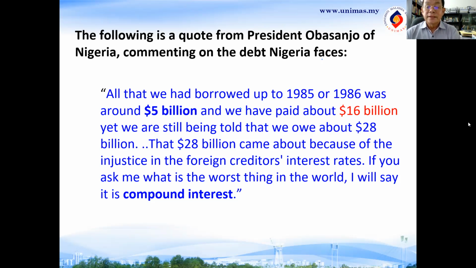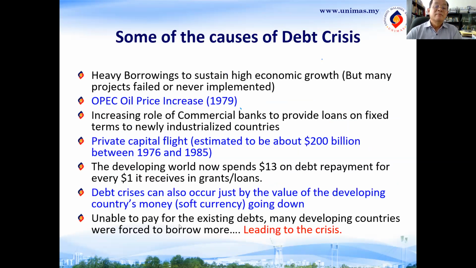So if you look at this, initially borrowed a total of 5 billion, and yet they have to pay 16 billion already paid, plus 28 billion, meaning 44 billion. 5 billion borrowed, you have to pay 44 billion in total. Is that fair? You ask yourself.